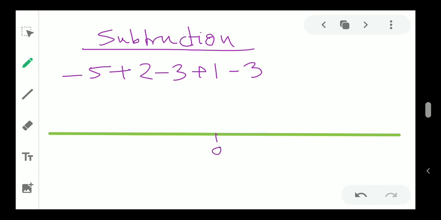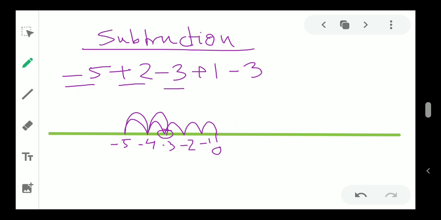First we have minus 5, so that means left side, so 1 2 3 4 5, that is my minus 5. Then I will go plus 2, that is 2 steps to the right side, so 1 2. So I am now here, so this is minus 4, this is my minus 3, minus 2, minus 1. So I am now here at minus 3.